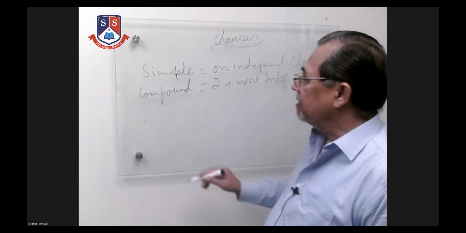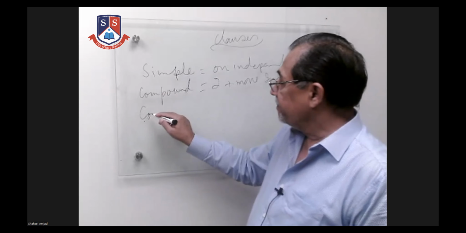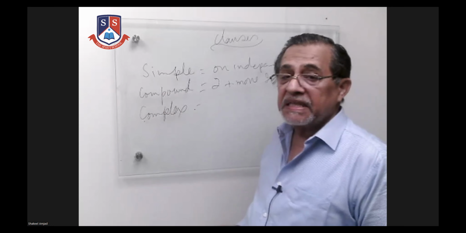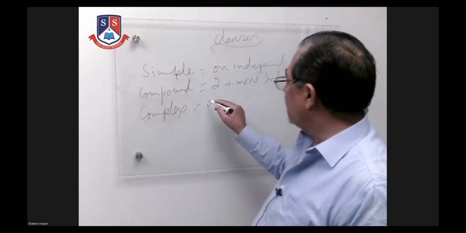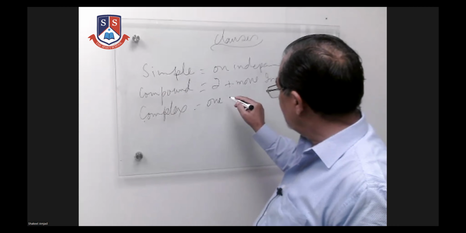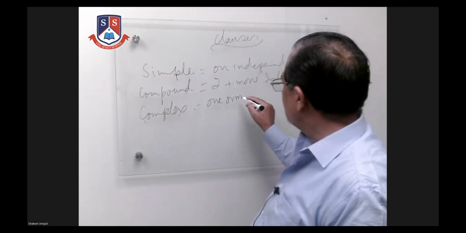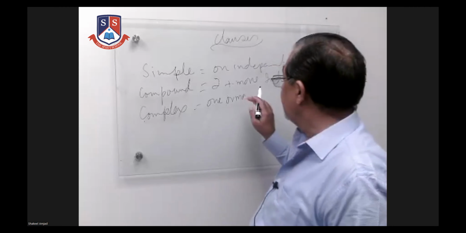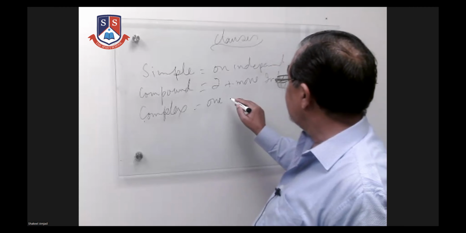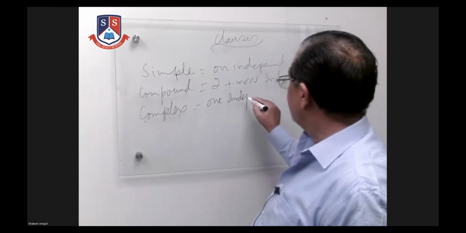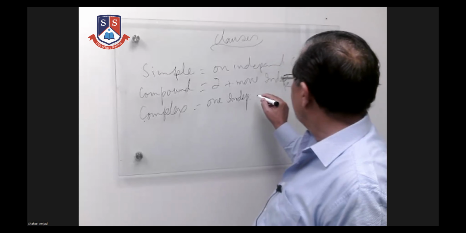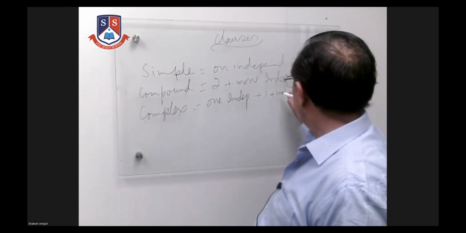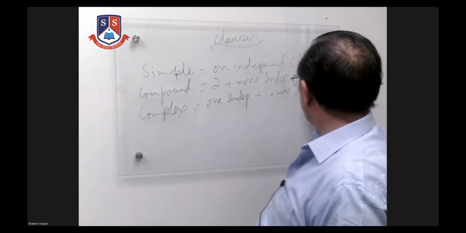And then we have a complex sentence: one independent clause plus one or more dependent clauses.